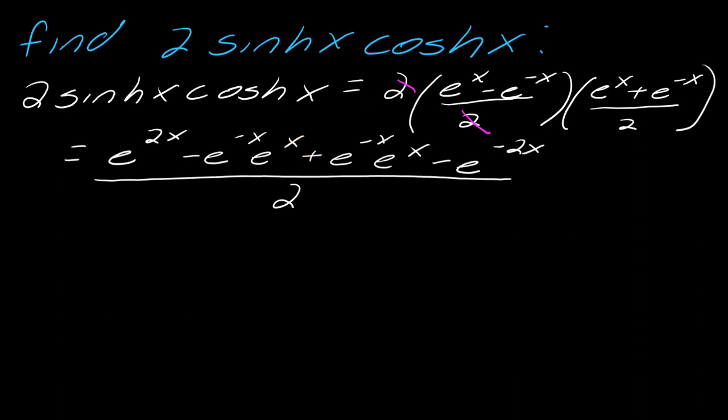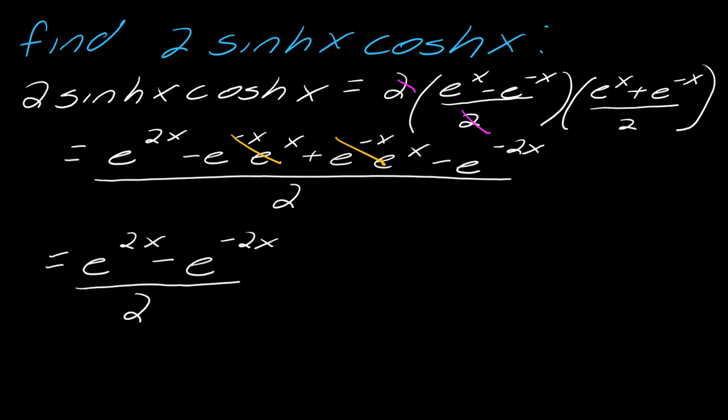From working this out, these drop out, and I'm left with e to the 2x minus e to the negative 2x over 2. This looks quite similar to the definition of sinh of x, except the only difference now is instead of just x, we have 2x.